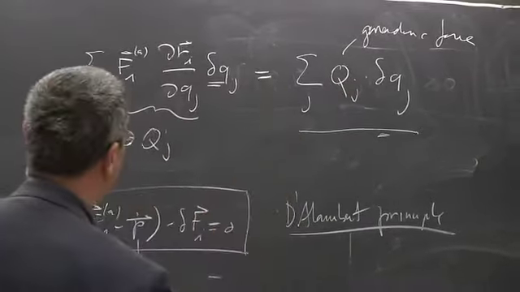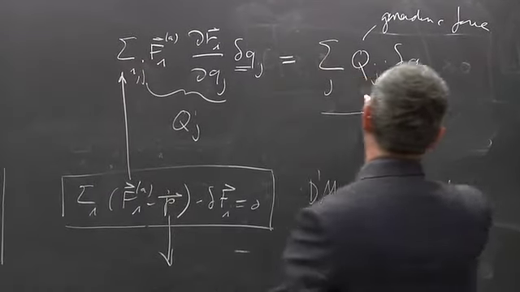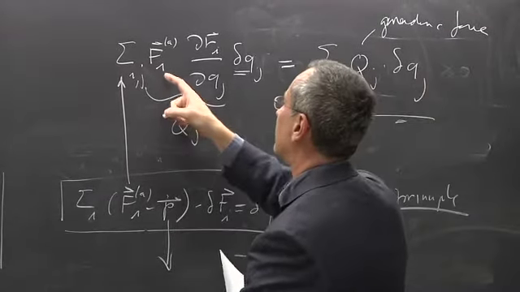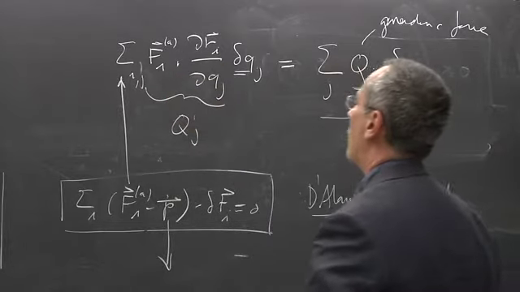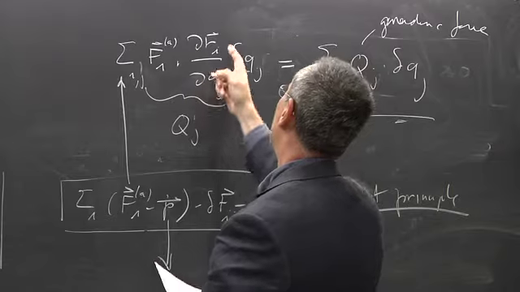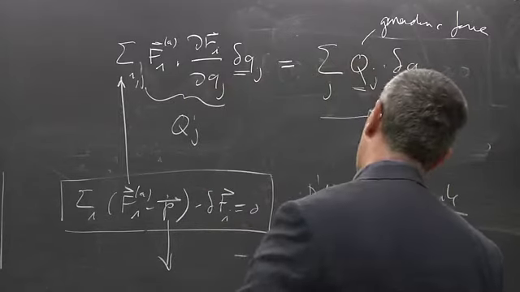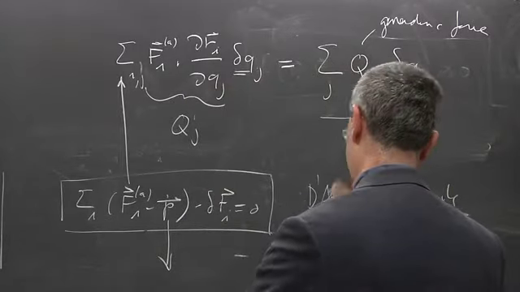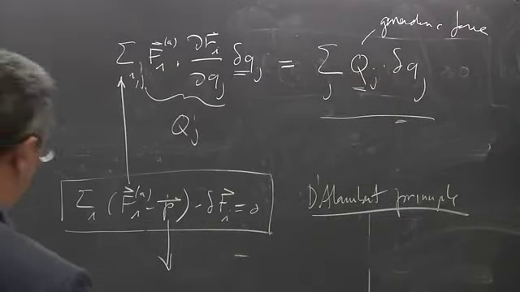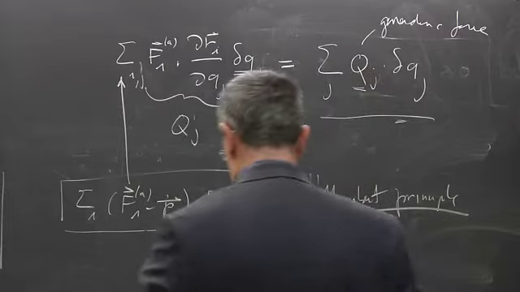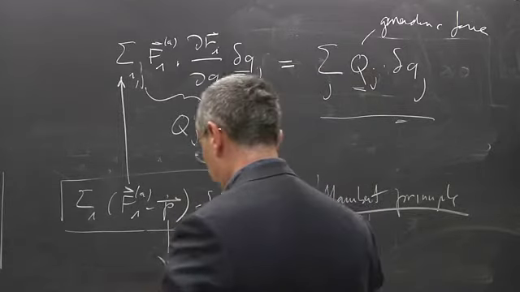So I haven't done anything. But you must think of this as the generalized force, which is the scalar product of your force times the component of your initial coordinates along the direction of the new generalized coordinates.